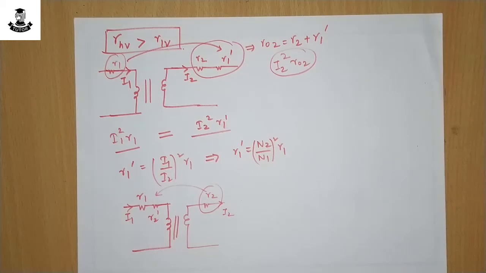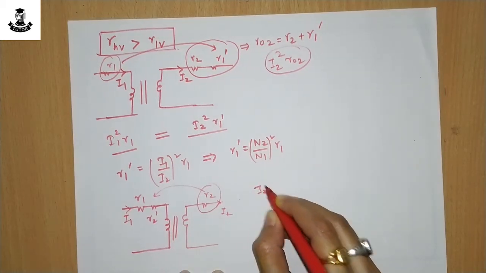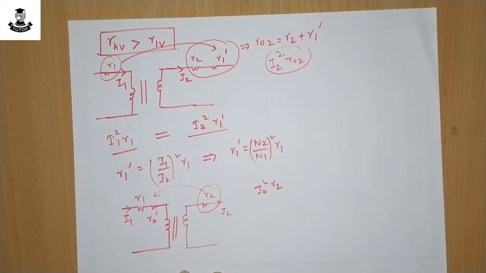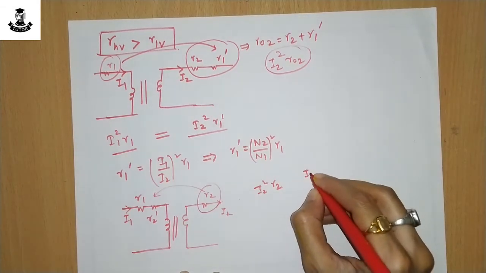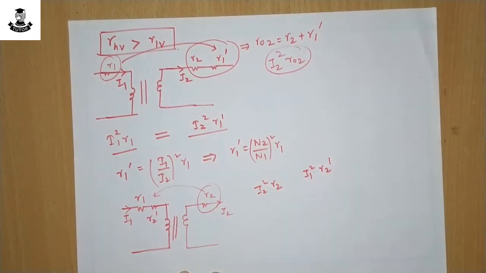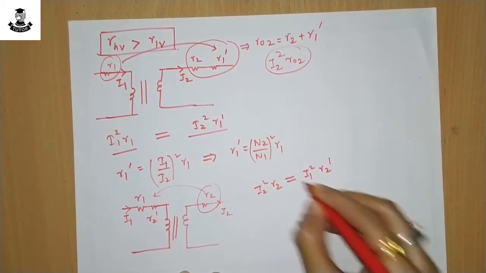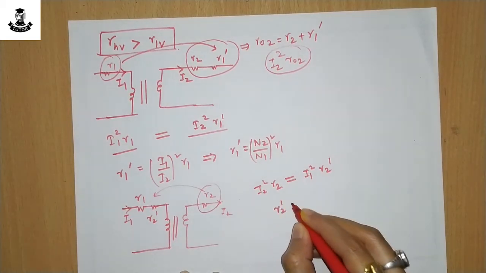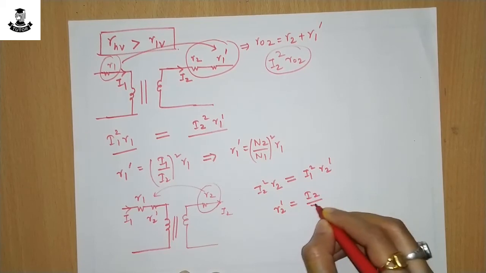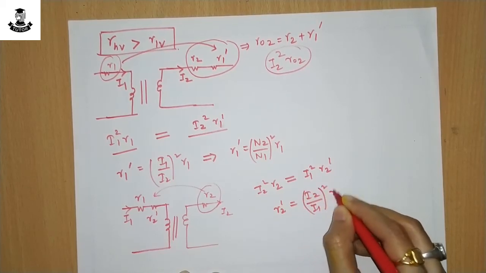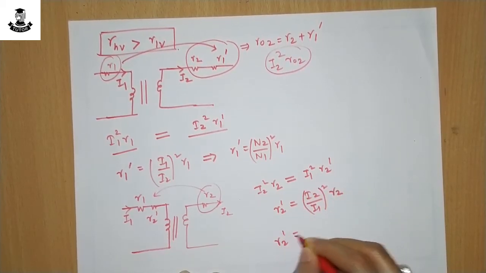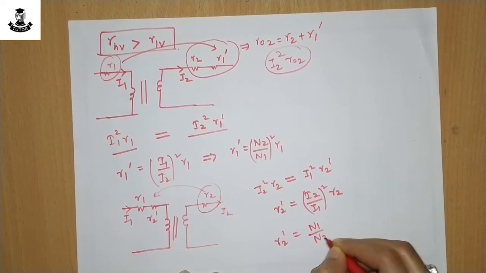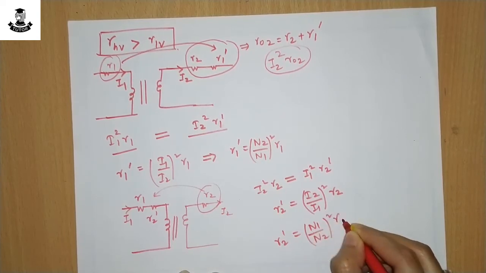Now secondary copper loss was I2 square R2, and when it is referred on primary, then secondary copper loss referred to primary is I1 square R2 dash. As we know, copper loss will remain same, hence both should be equal. From this we got R2 dash is equal to I2 by I1 whole square R2. R2 dash is equal to N1 by N2 whole square R2.